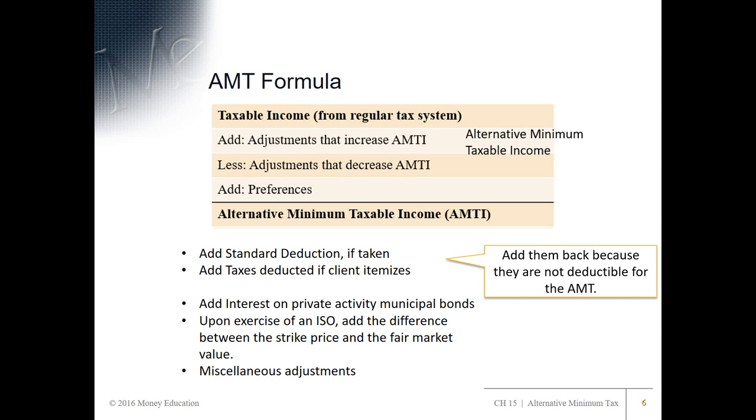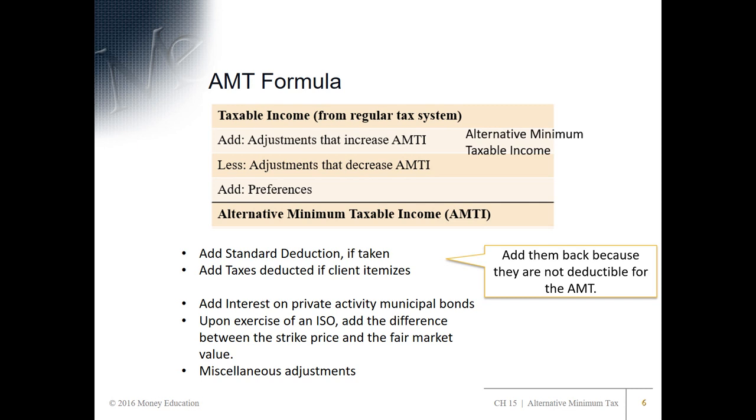And so, when they exercise these stock options, there is an alternative minimum taxable item. That is the difference between the strike price and the fair market value. Again, this is not all stock options. This is only incentive stock options, and those are the ones that get a tax break. The non-qualified stock options do not have any aspects that affect the AMT formula at all.